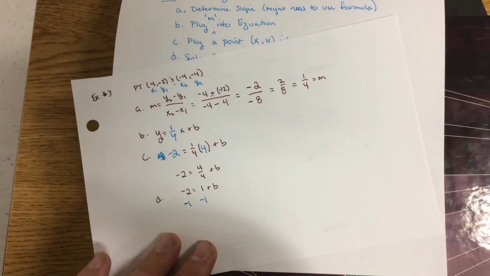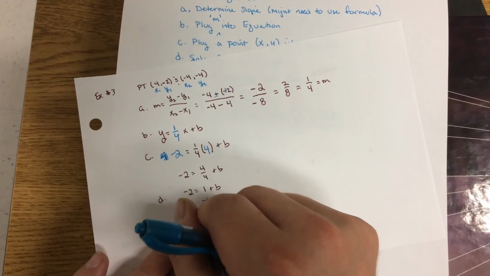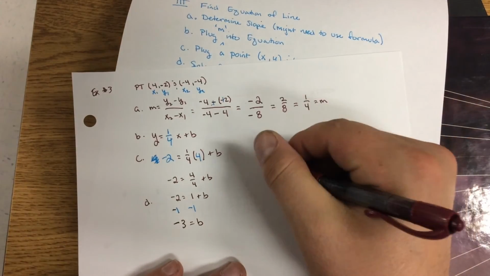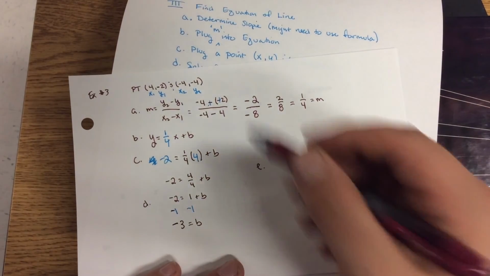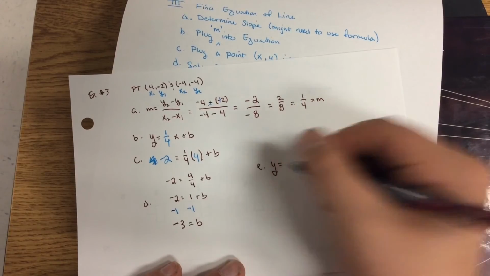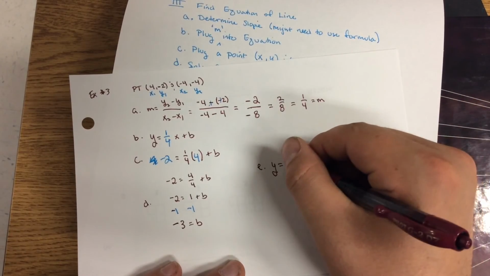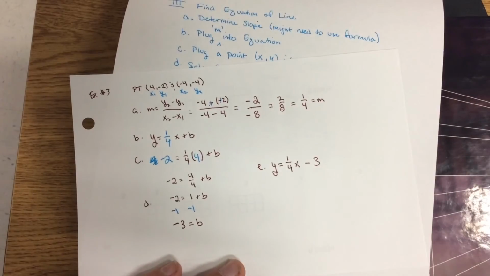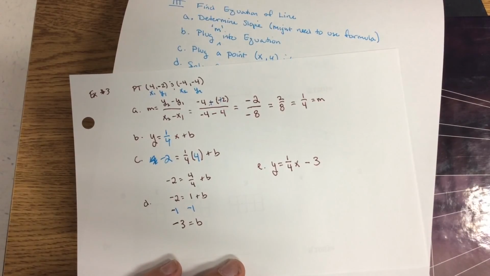This will be negative 3 equals b. And then in the last step, we need to report our answer. So this is going to be the answer of y equals 1/4 x minus 3. That is the equation of our line.